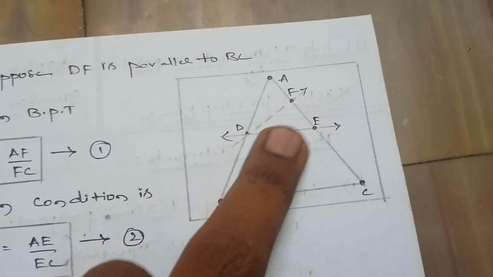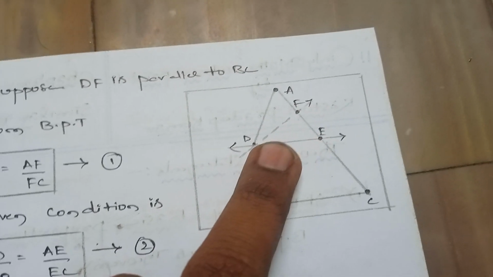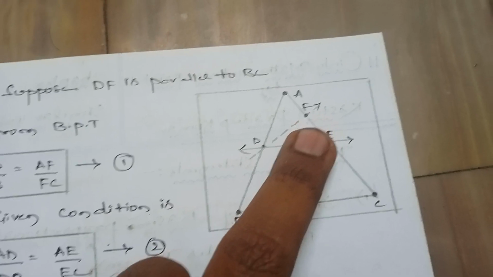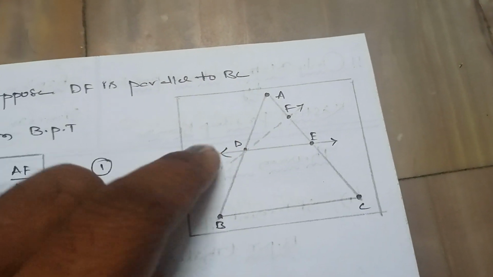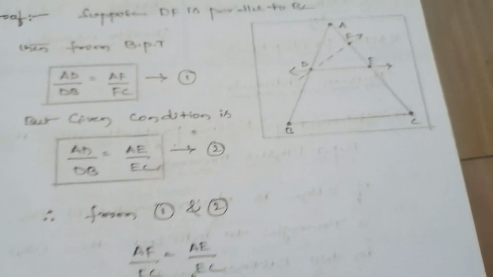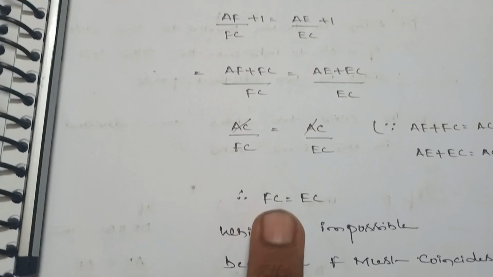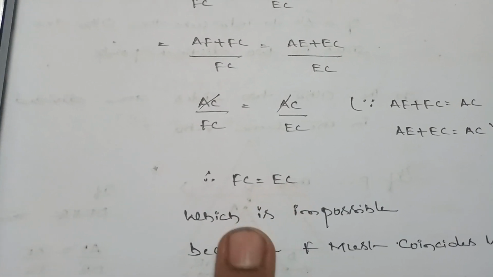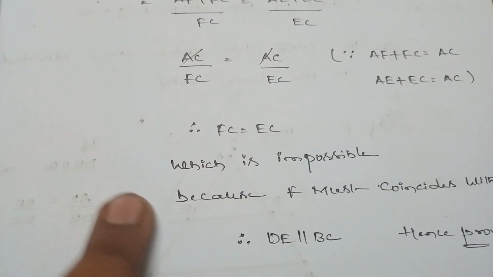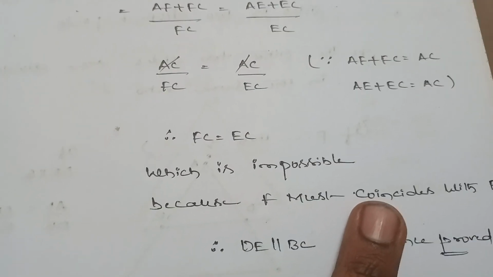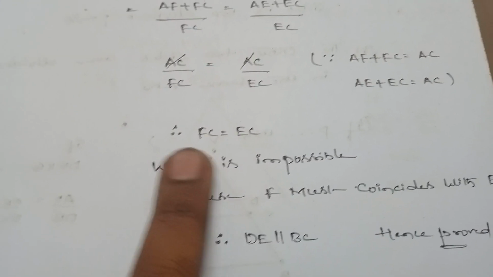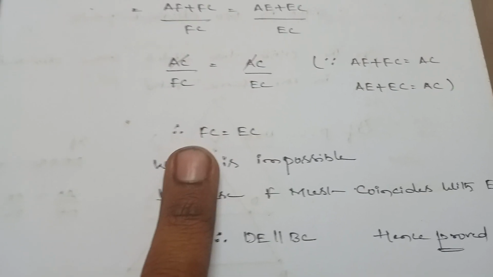Now how do these two become the same? Because this line is not at all a parallel line, right? Therefore FC is equal to EC, guys, which is impossible, because F must coincide with E always, then only it is possible, but in this case it is not possible, guys.